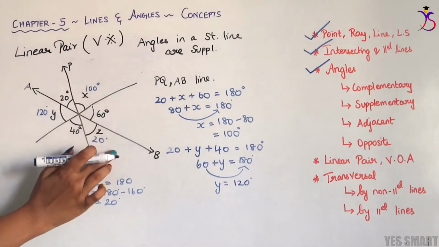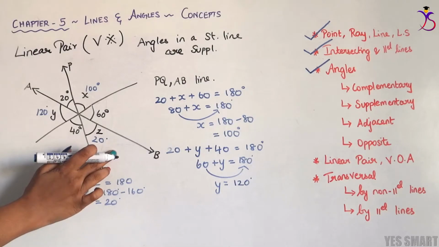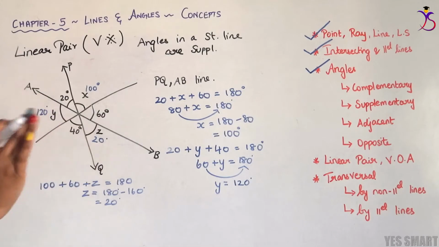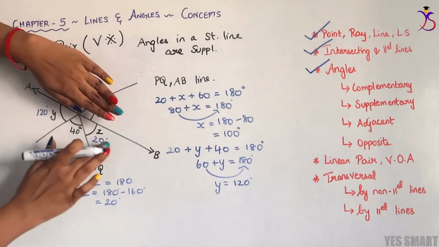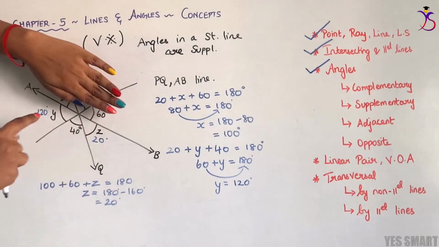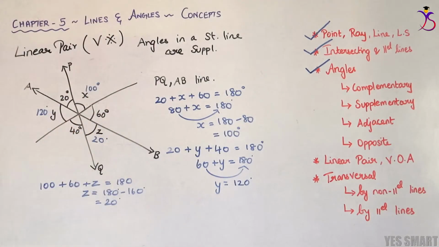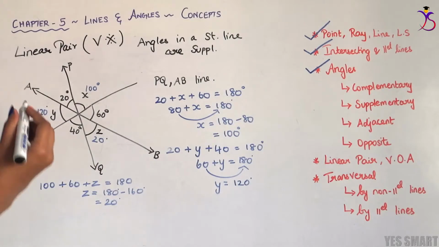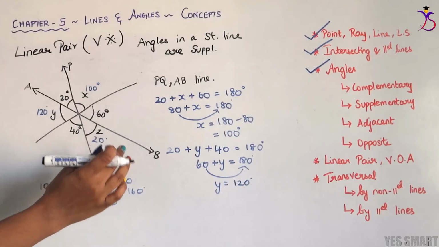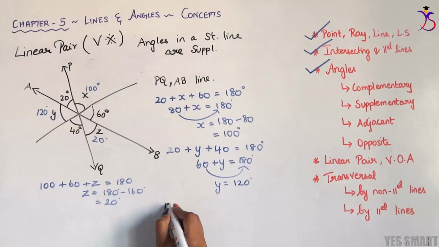This is how we calculated angle Z by considering the line PQ as a straight line. We will get the same answer if we consider the line AB and solve for angle Z. Let's cross-check that. When we consider AB as a line, the angles formed below on the straight line AB are supplementary.